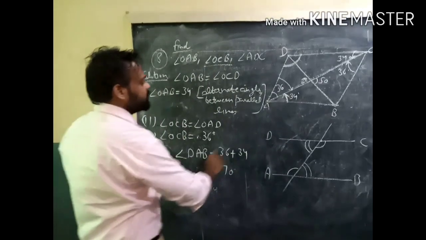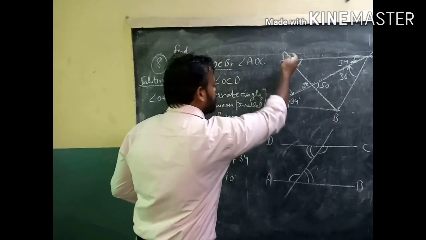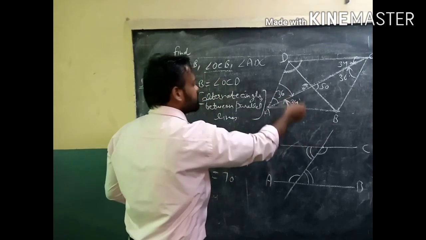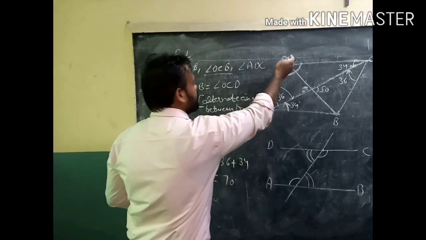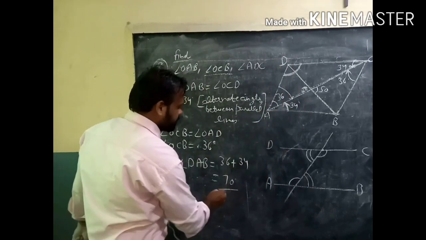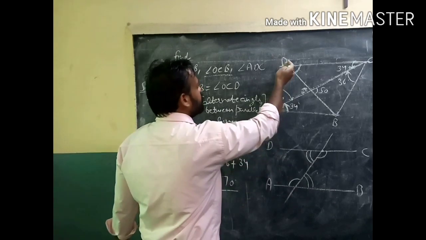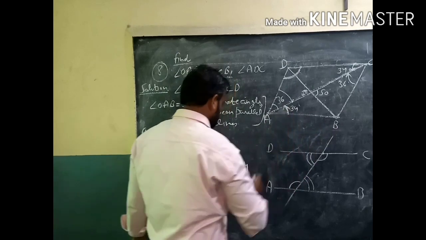So the whole angle A, or angle DAB, we have to add these two angles, then we can find the whole angle DAB. So here 36 plus 34 is equal to 70. So in this way we find angle A, that is DAB is 70 degrees.